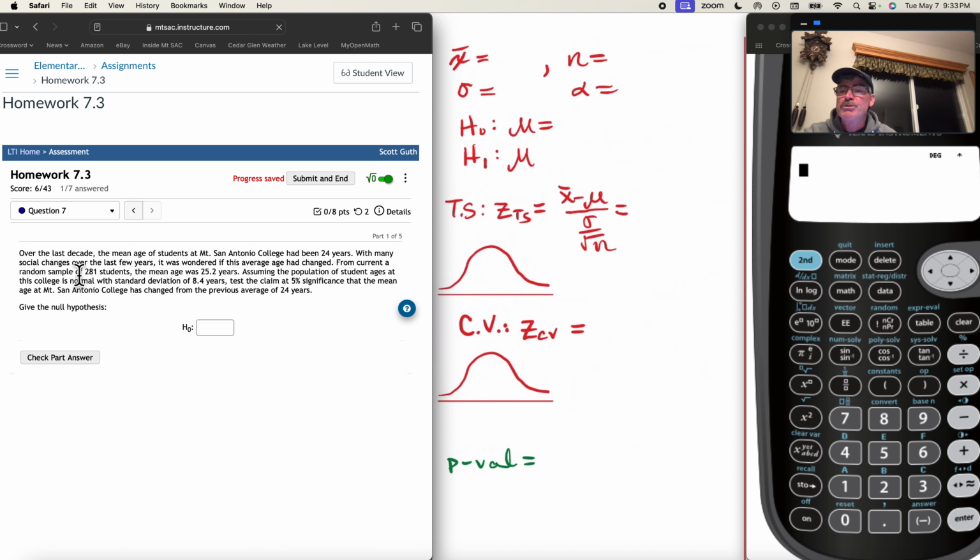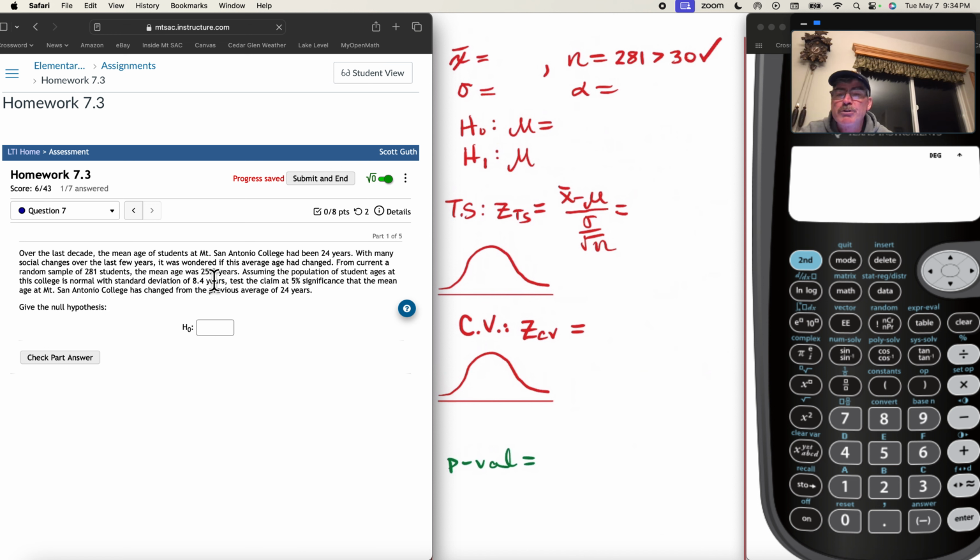With many social changes over the last few years, it was wondered if this average age had changed. From a current random sample of 281 students, okay, there's our n. I'll go ahead and say this is bigger than 30. Put our check mark down, so we're good to go there.